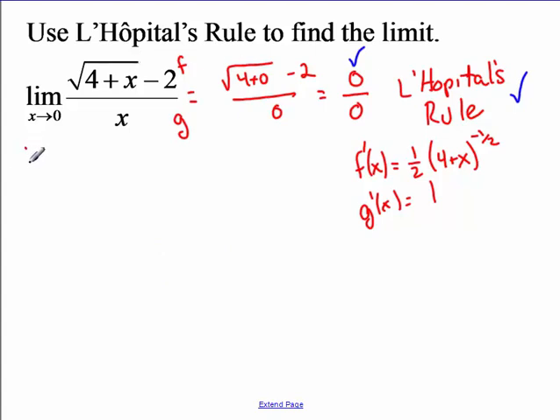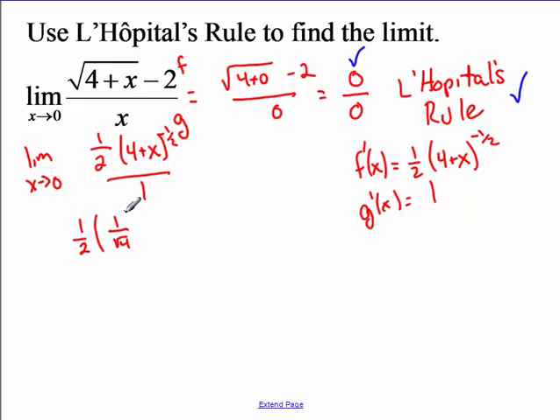So now you can say that this limit is equal to this value. Now plug in 0. So our limit ends up equaling 1/4.